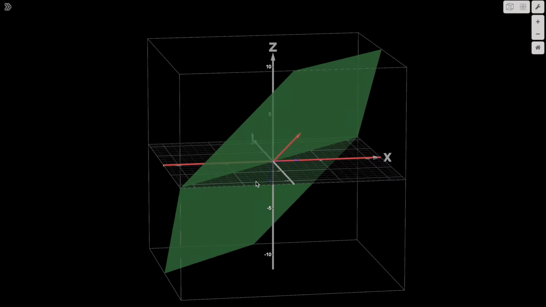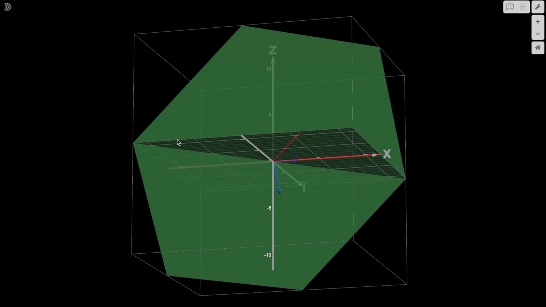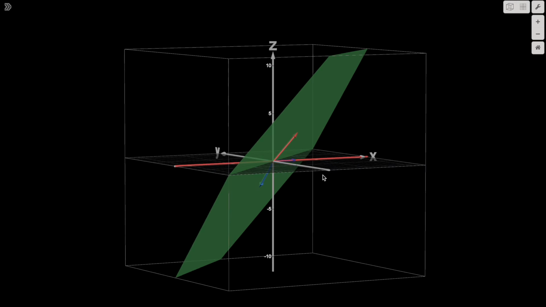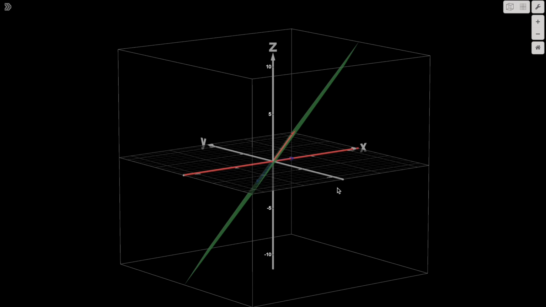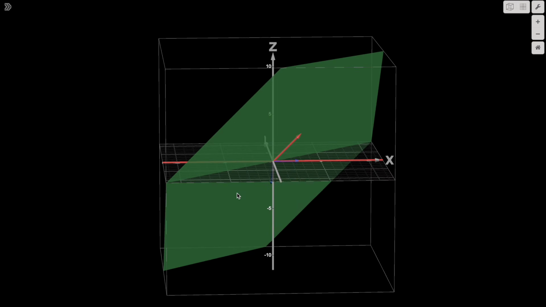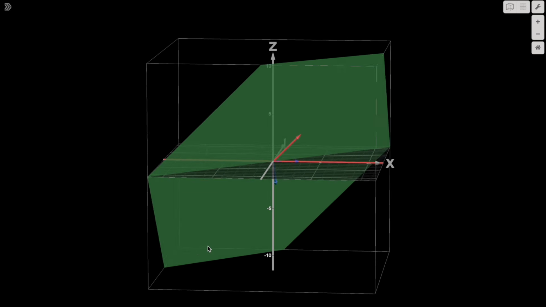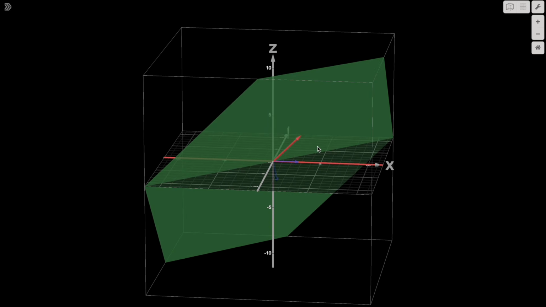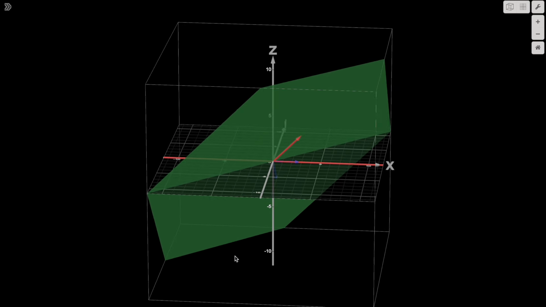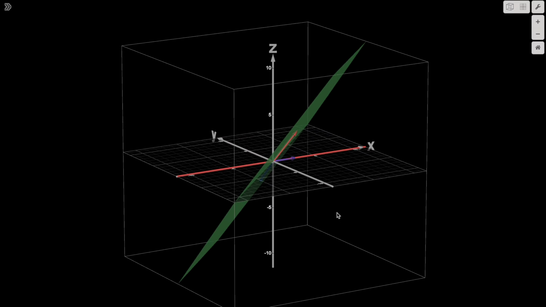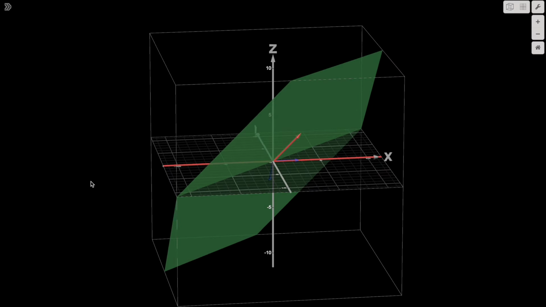The red vector and the blue vector are lying in the row space, and they span the entire row space. So the span of those two vectors is this entire green plane. Whereas this purple vector lying on the x-axis is in the left null space, and this entire x-axis, the entire red line passing through the origin, is the left null space. So I think it's clear to you.